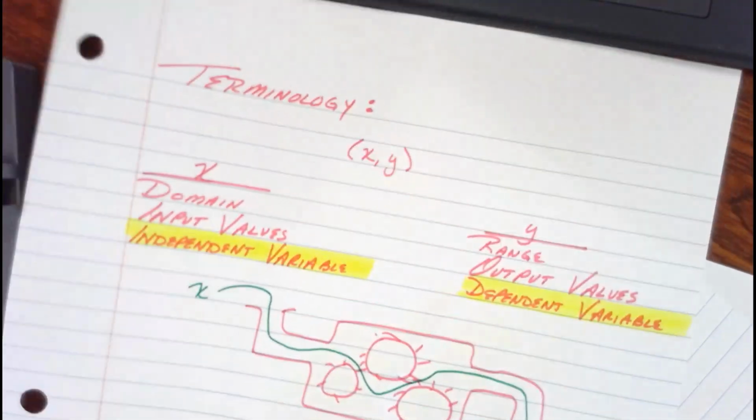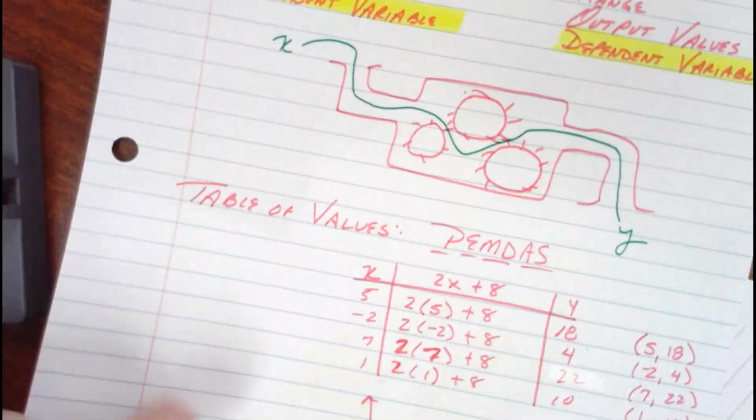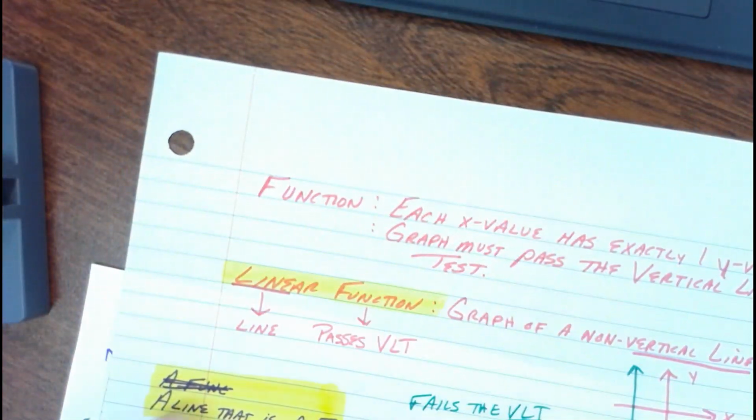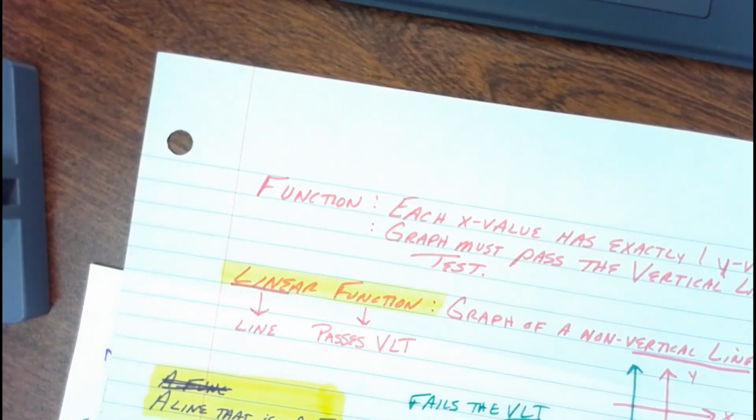So we got lots of stuff today. We have terminology: independent and dependent variable. We have a table of values where we're trying to find the values right around the origin. We've differentiated a linear function versus a nonlinear function.